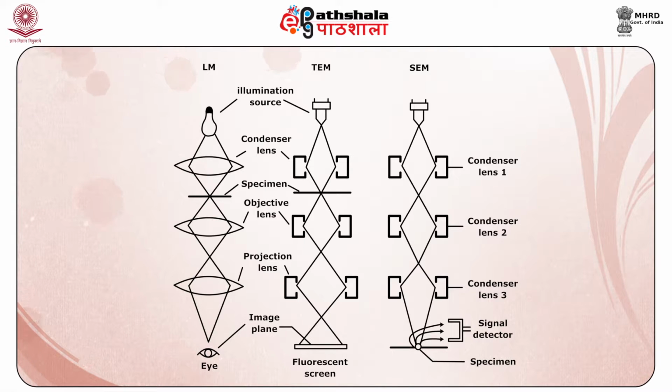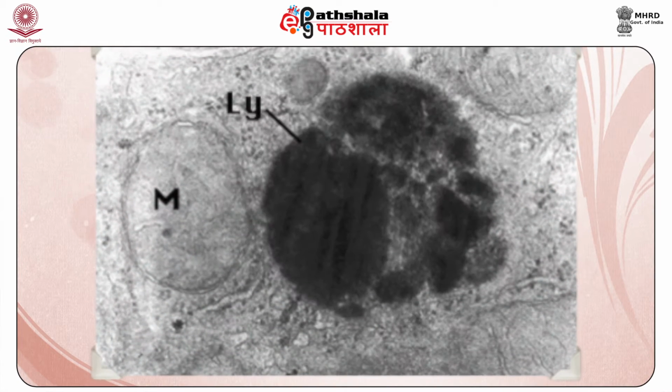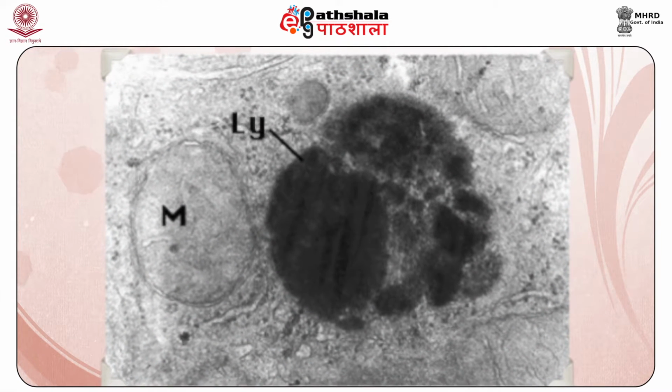LM stands for light microscopy in the picture, TEM for transmission electron microscopy, and SEM for scanning electron microscopy. The light source in the case of electron microscopy is an electron gun. Observe the picture viewed by TEM.